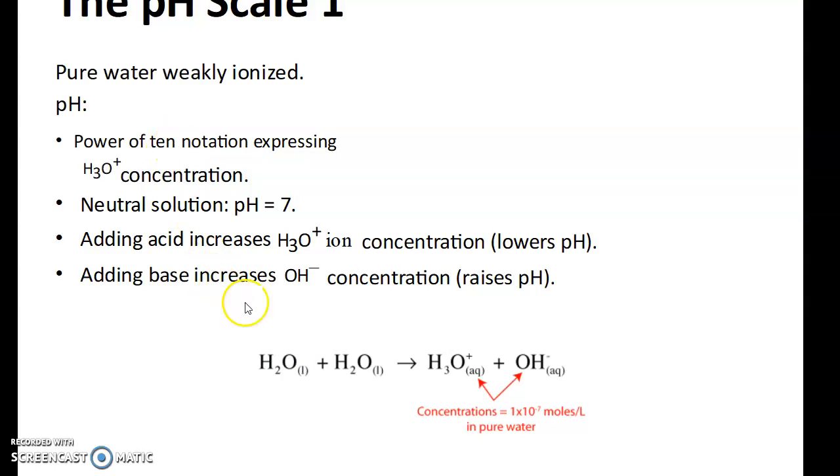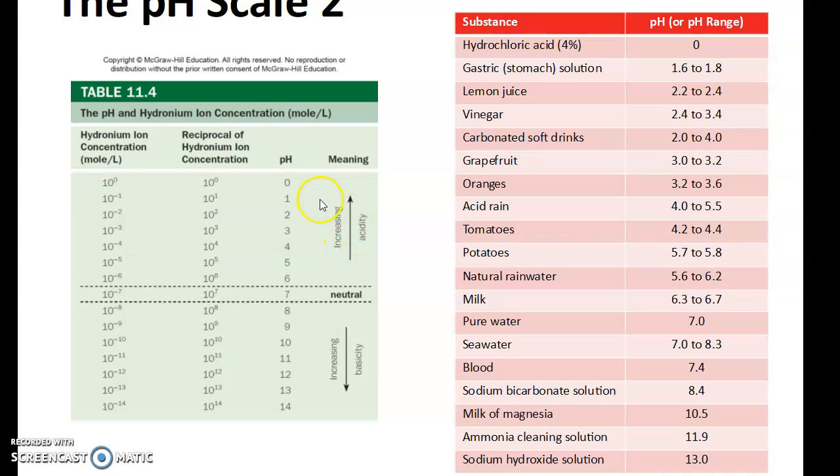We use powers of 10 notation. Strong acid, this is increasing. Here are some examples of hydronium ions. Okay, so the pH, low numbers here, and these are to the minus numbers.